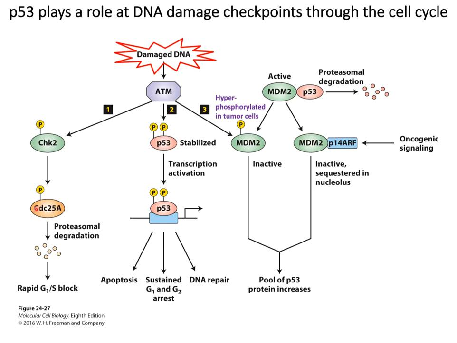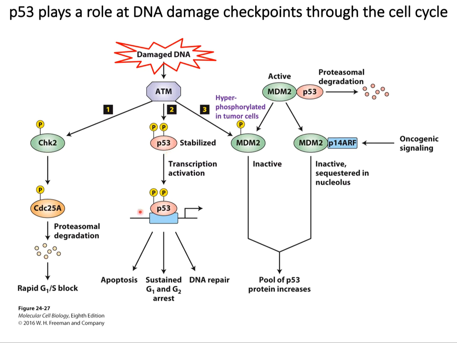So that's one way. The second way, and this is what we are focusing on here, is p53. p53 is normally very unstable, but when ATM phosphorylates p53, it becomes stabilized. And when it stabilizes, it can bind the upstream region of genes and enhance their transcription.